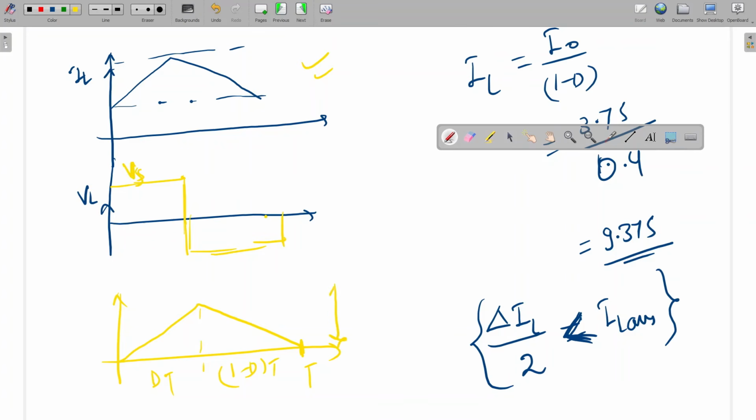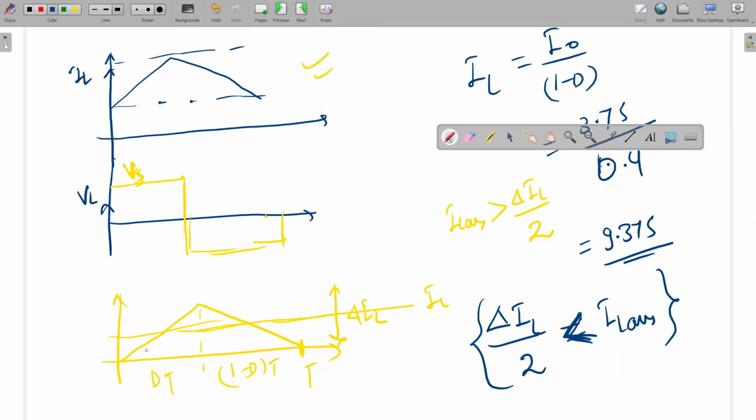This is delta IL, and the average current will be in the middle. If IL average is in the middle, it is the boundary of continuous and discontinuous conduction. If IL average is greater than delta IL by 2, then the converter is running in continuous conduction. So this is the boundary condition.